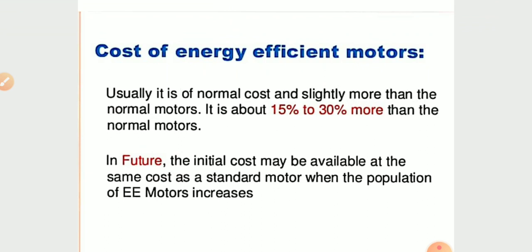In future, the cost may be the same as a standard motor when the popularity of energy efficient motors increases. If the production of energy efficient motors is increased, we can reduce the initial cost.